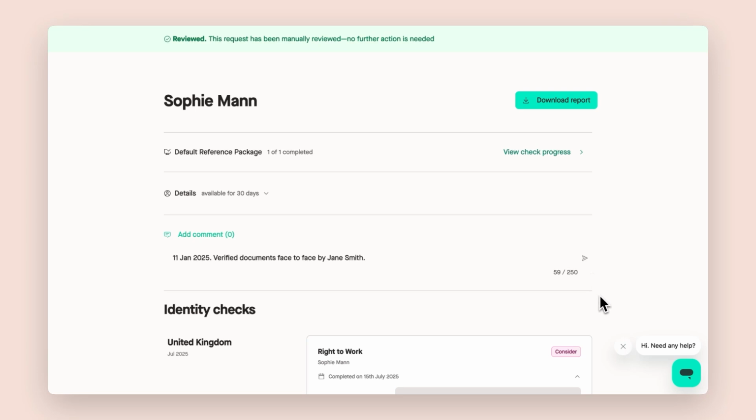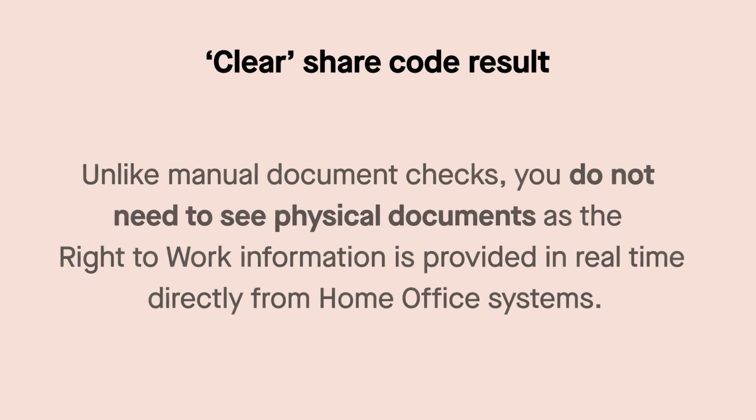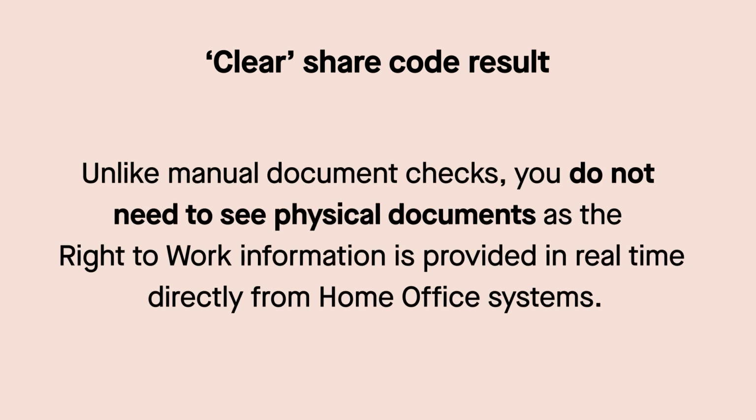This information can be captured and retained using the comments section at the top of the candidate's report. Unlike manual document checks, you do not need to see the physical documents, as the right to work information is provided in real time and directly from the Home Office systems.